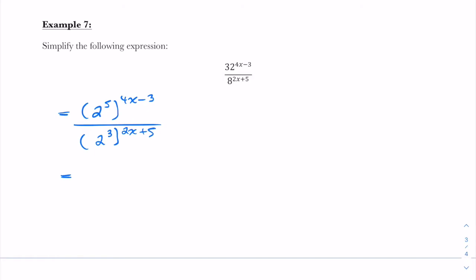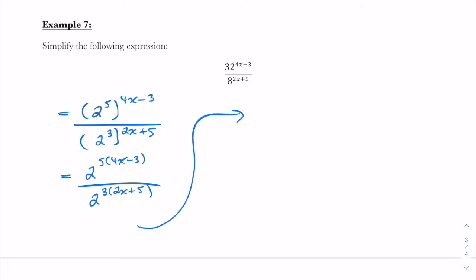Use your power of a power rule in the numerator. Use the same rule in the denominator. Remember, that just means multiply exponents. All right, let's go ahead and multiply the exponents of the numerator and denominator.